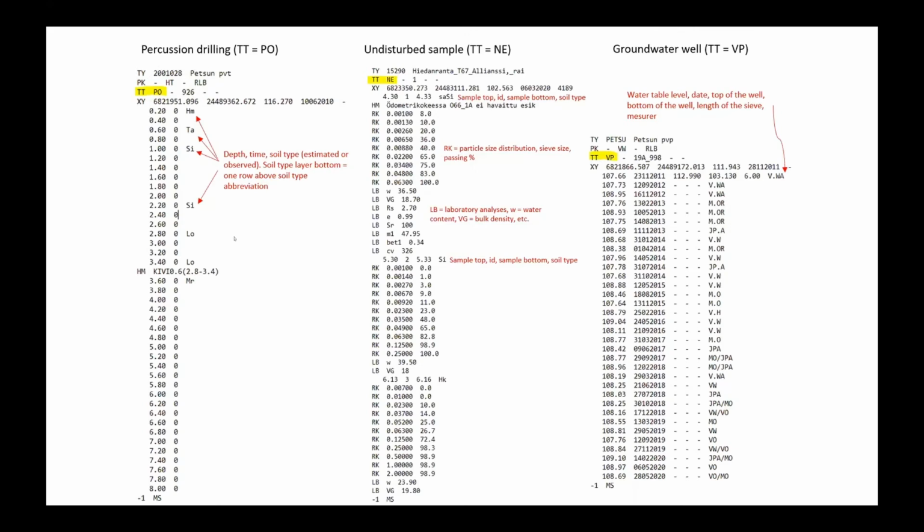Almost all the site investigation data fits this format. We have many different kinds of drillings. In the middle is an example of undisturbed sample data, and on the right, water table level measurements from a groundwater well.